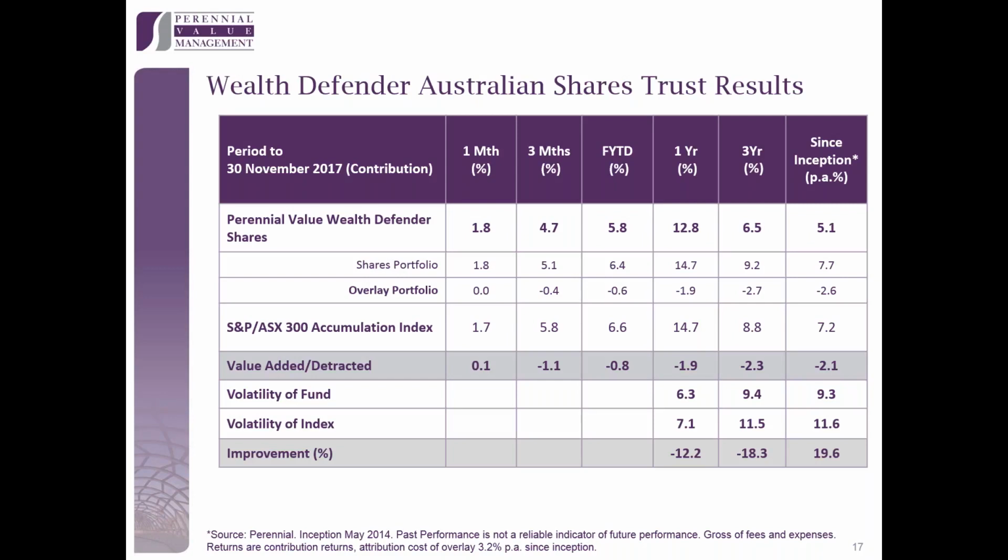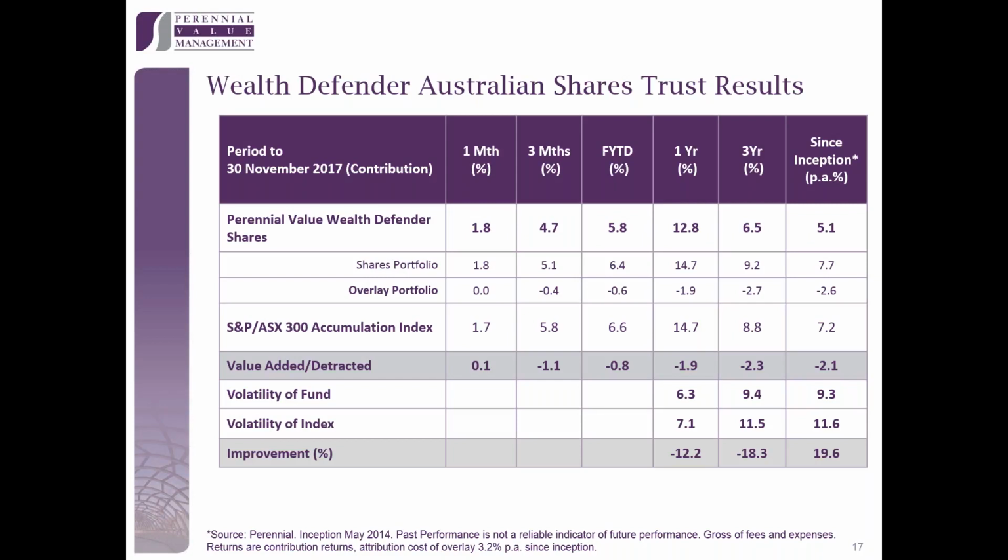Whilst we still have parts of the market that are very expensive, and we don't participate in high growth stocks with very high multiples, whilst they've run, we have seen in the last 6 to 12 months the value cycle starting to turn. So we're expecting to see that stock alpha start to kick up a bit, which will help mitigate what we've seen in terms of the protection cost.